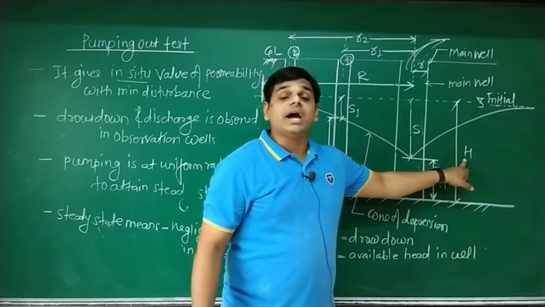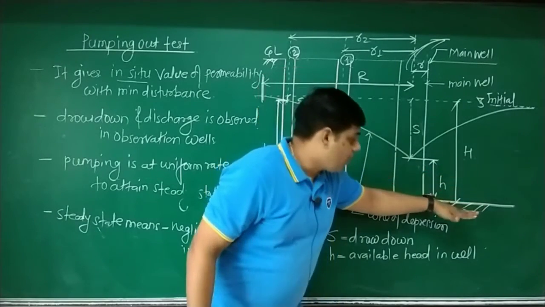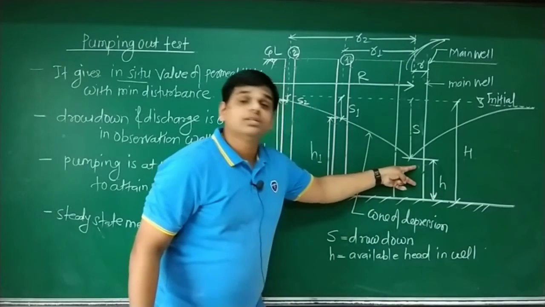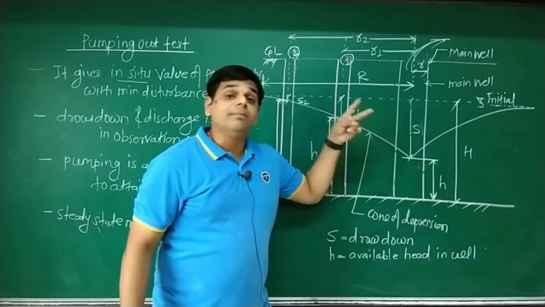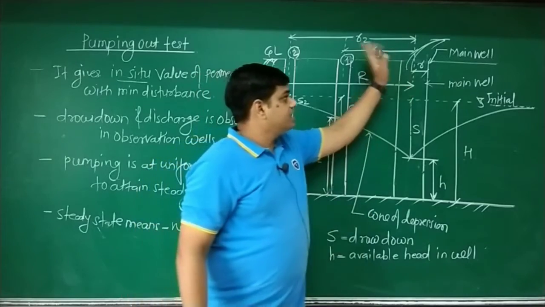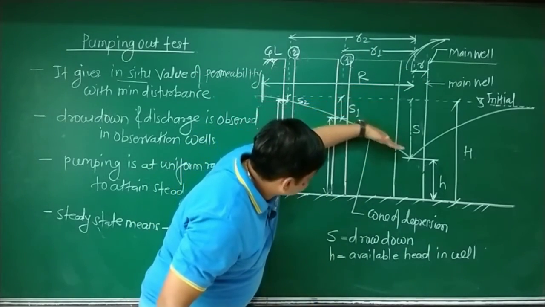Capital H is the height or initial position of the water table from the bottom impermeable level. What is small h? Small h is the water level available in the main well after extraction. When water is extracted from the main well, the level drops to this position.